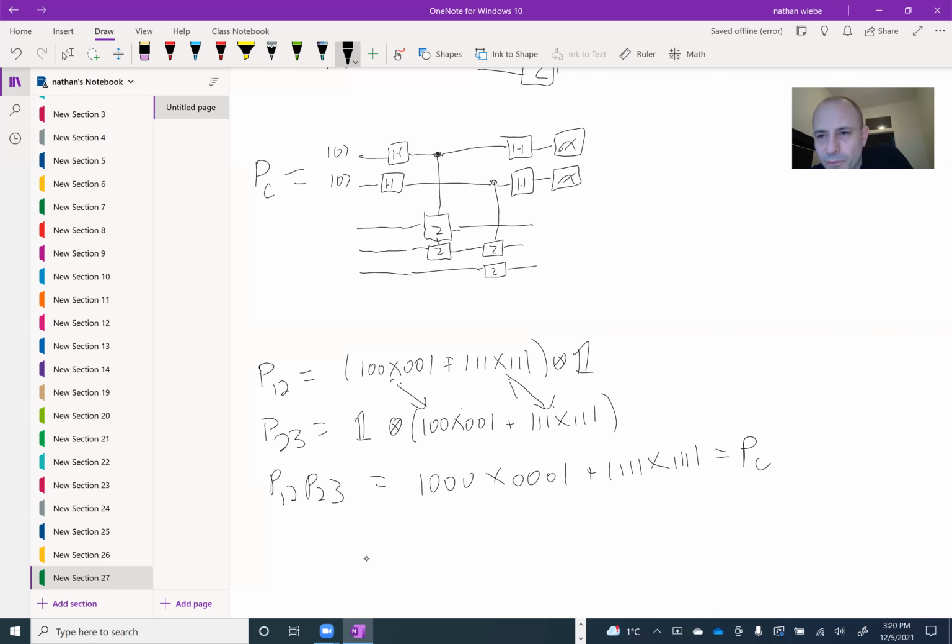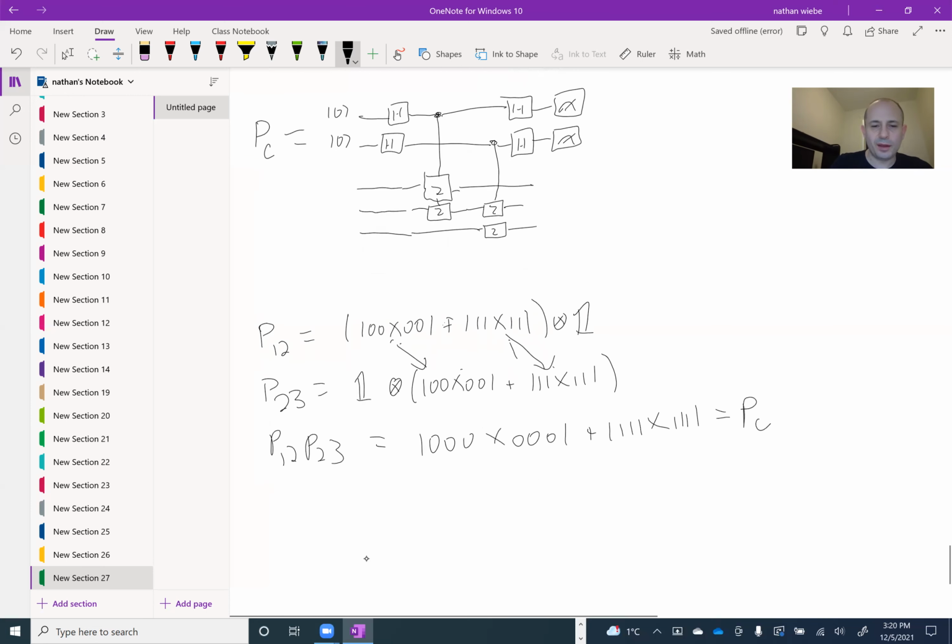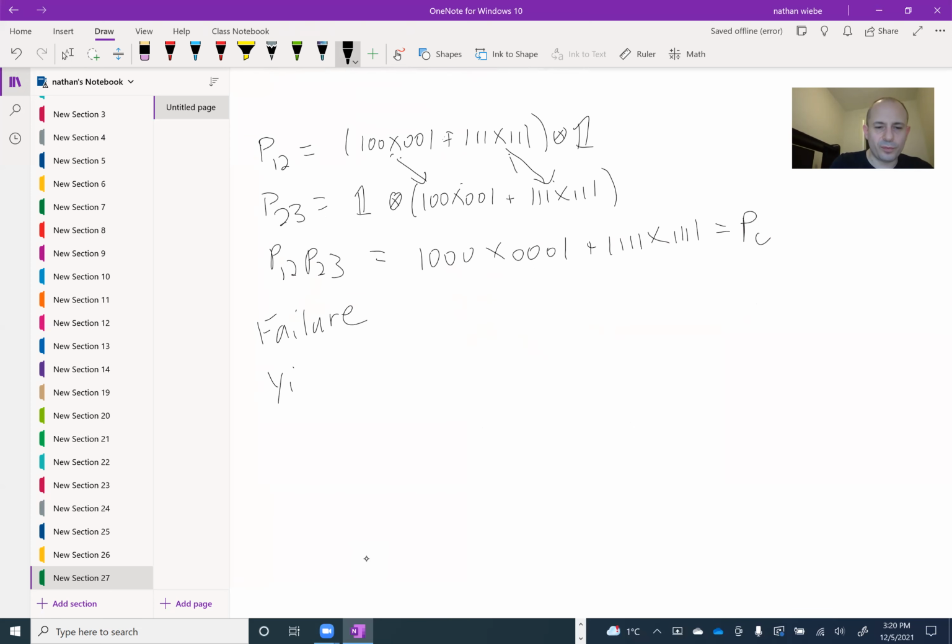However, in the event that we fail, what will happen? Well, instead of us applying P12 or P23, failure yields psi goes to identity minus P12 over 2 psi, which is equal to the orthogonal complement of the projector.